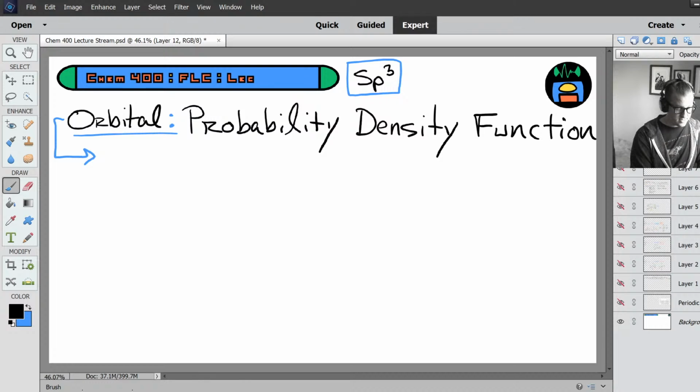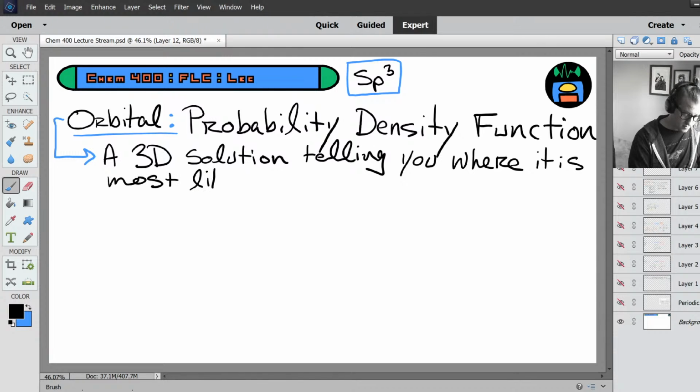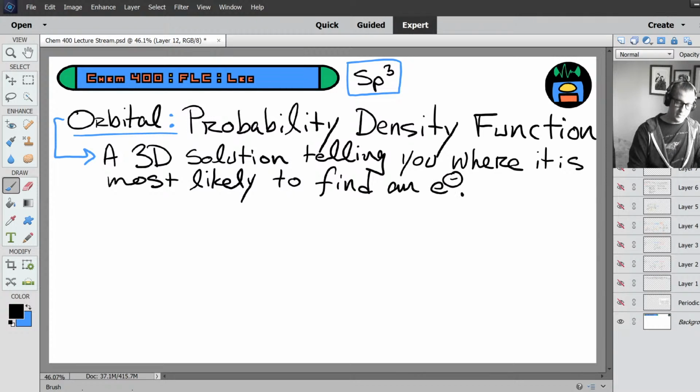It is a three-dimensional solution telling you where it is most likely to find an electron.